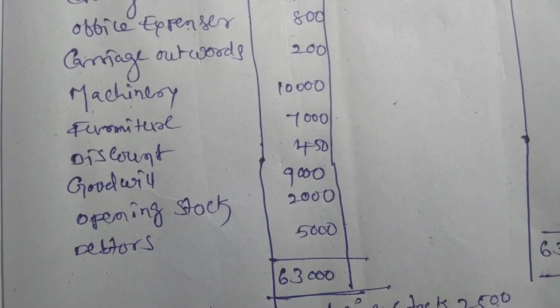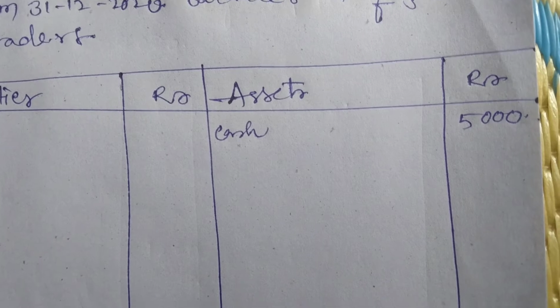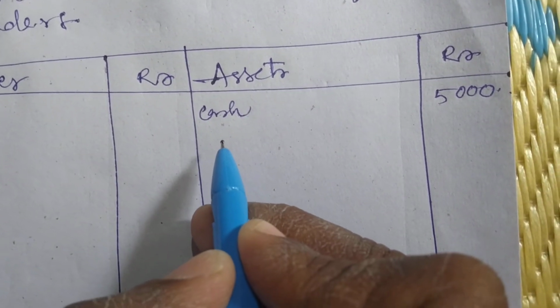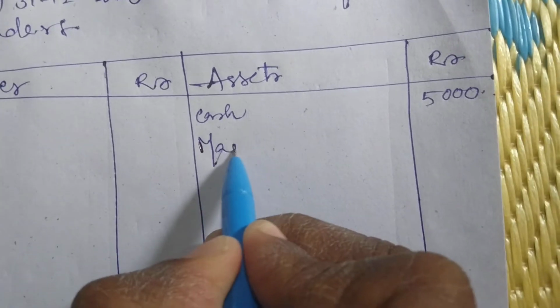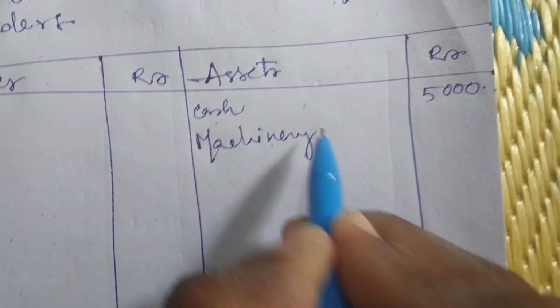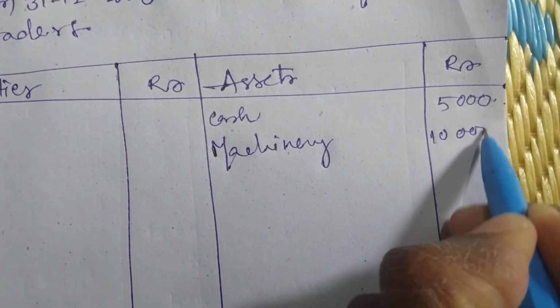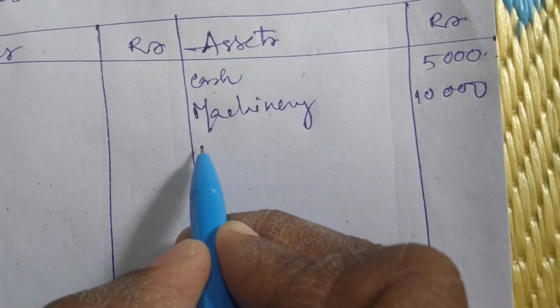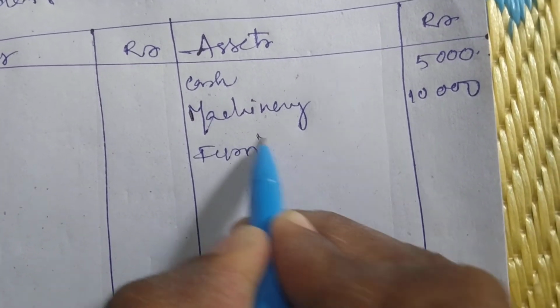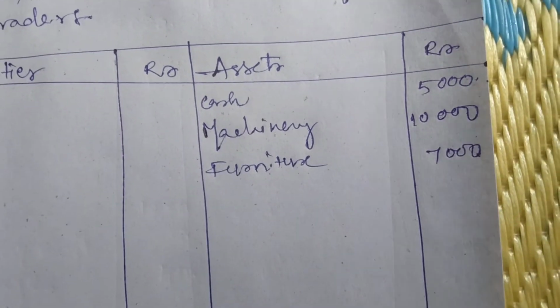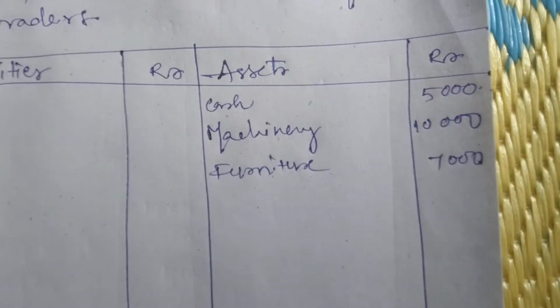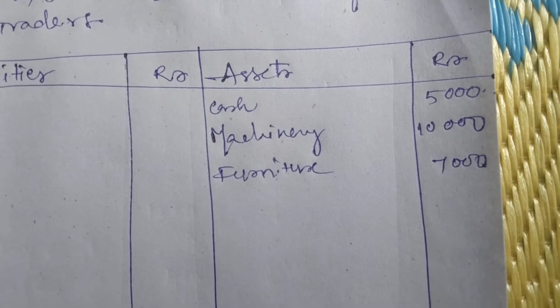We have already recorded cash on the asset side, and next is machinery 10,000 and furniture 7,000 on the asset side of the balance sheet.